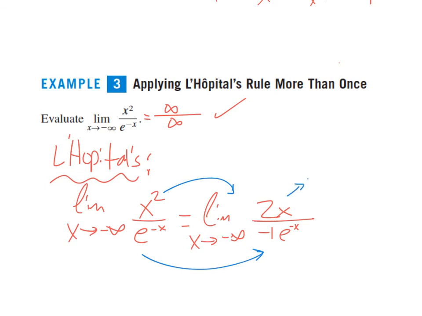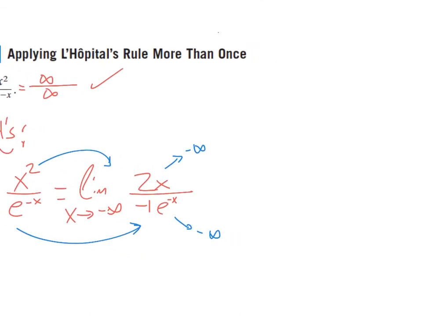Okay, well, we need L'Hopital again. All right, so we're going to do another derivative again, because we're not at a point where we can just evaluate it yet. We can't use direct substitution yet. So we take the derivative of the top, derivative of the 2x, and that's going to be 2.